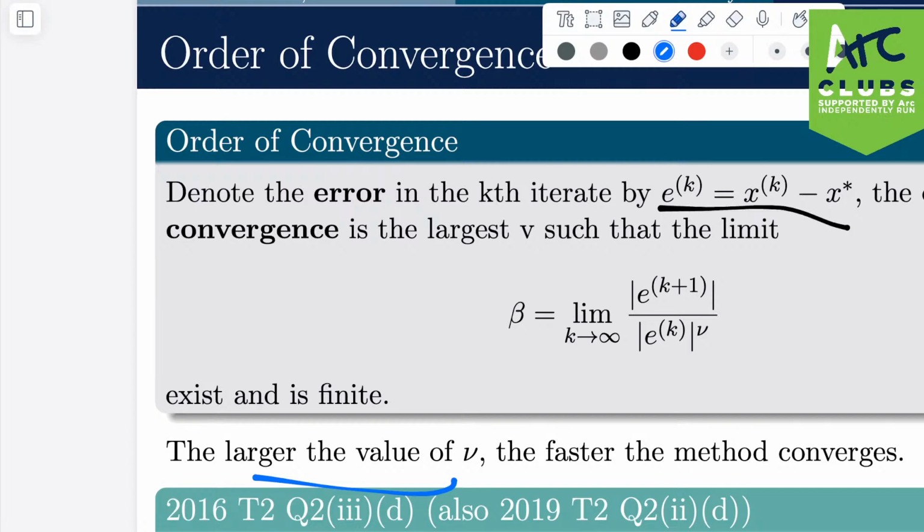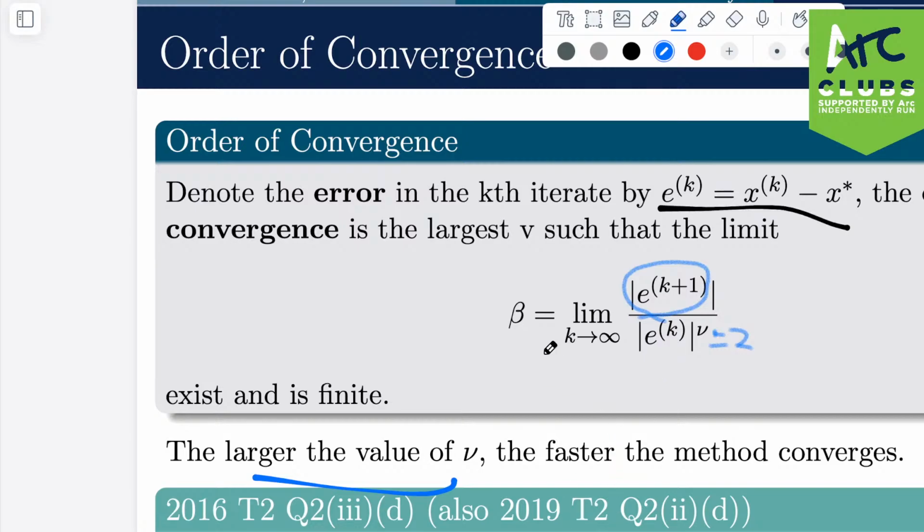But even if you just think about it, right? Here we already know that nu is equal to 2. And we actually want to know e to the power of k+1, because we want to know the error after one iteration.